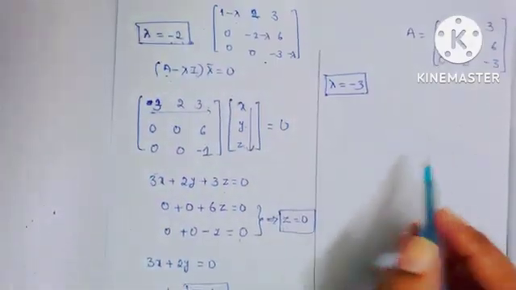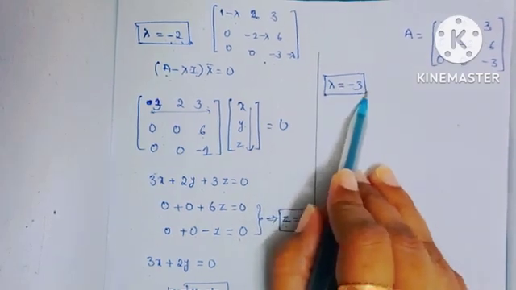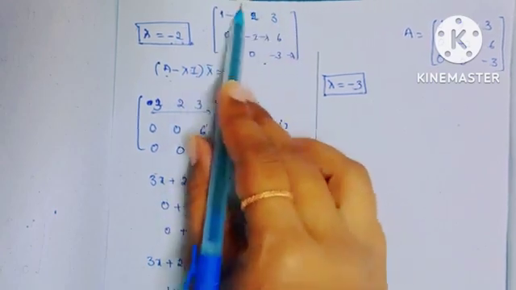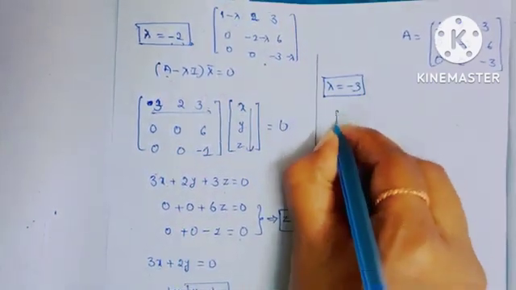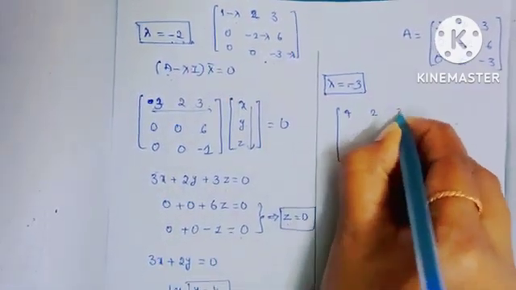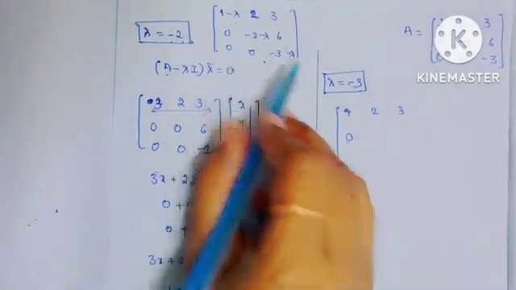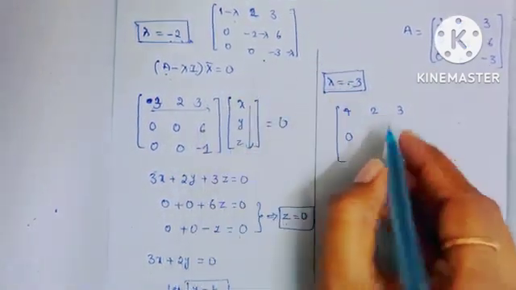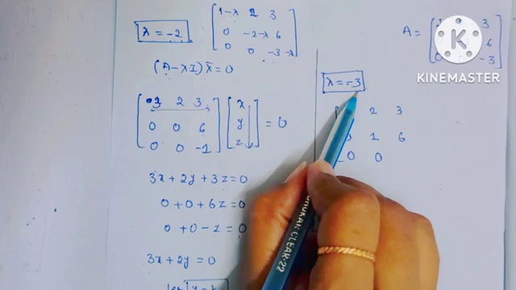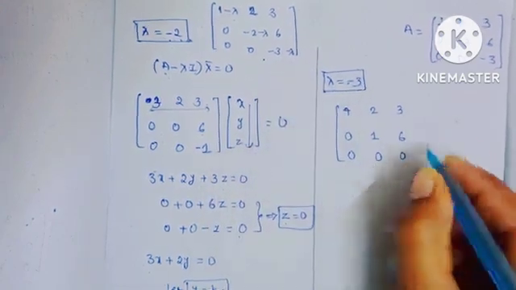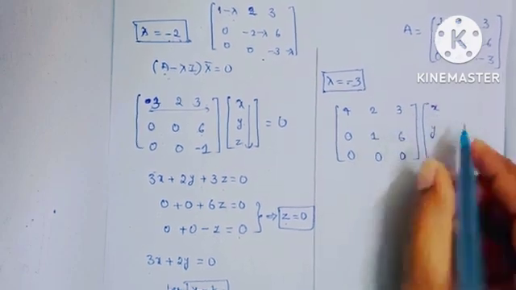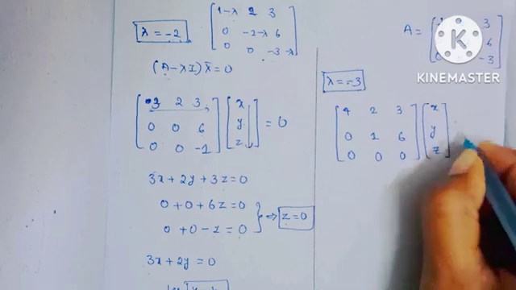Now I am going to find the eigenvector for lambda equal to minus 3. Here lambda equal to minus 3 we are substituting in the A minus lambda I matrix. Here we get 1 minus of minus 3 plus 1, so 4, 2, 3; 0, minus 2 minus of minus 3 is minus 2 plus 3 which gives 1, 6; 0, 0, minus 3 plus 3, which is 0. The x vector is x, y, z, which is equal to 0.